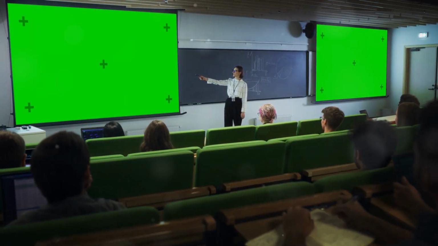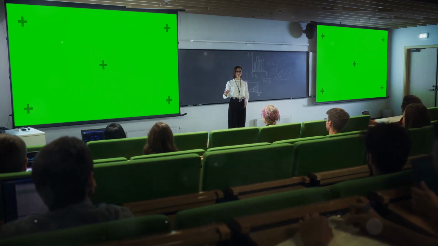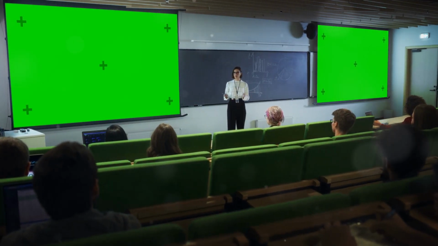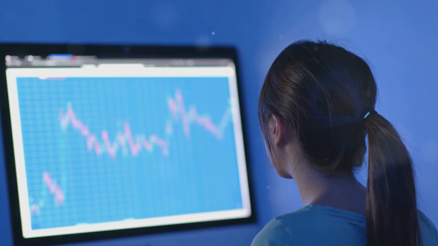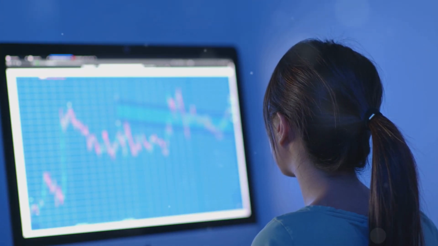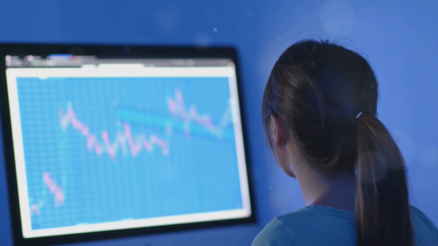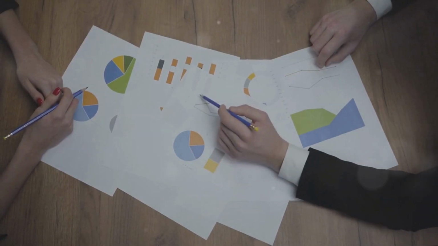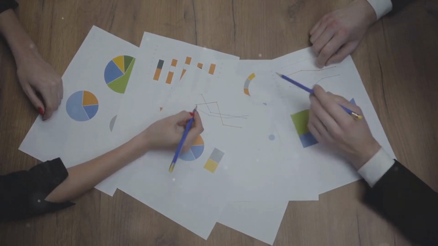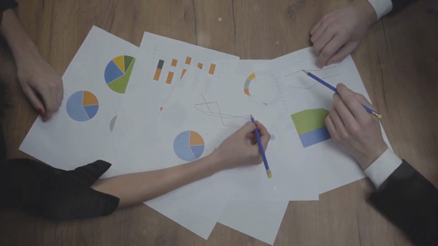Section 5. Correlational research. Exploring relationships. Correlational research aims to explore the relationship between two or more variables without manipulating them. This design helps researchers understand how changes in one variable are associated with changes in another.